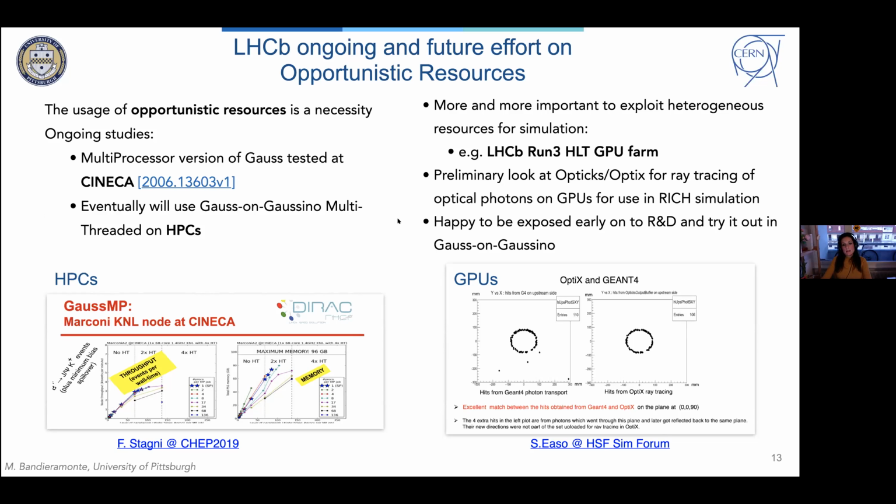At the same time, they are also looking at GPUs with some preliminary R&D. They would like, for example, to use OptiX for ray tracing of optical photons for their RICH simulation, which, as I said, is a major hotspot for the experiment.